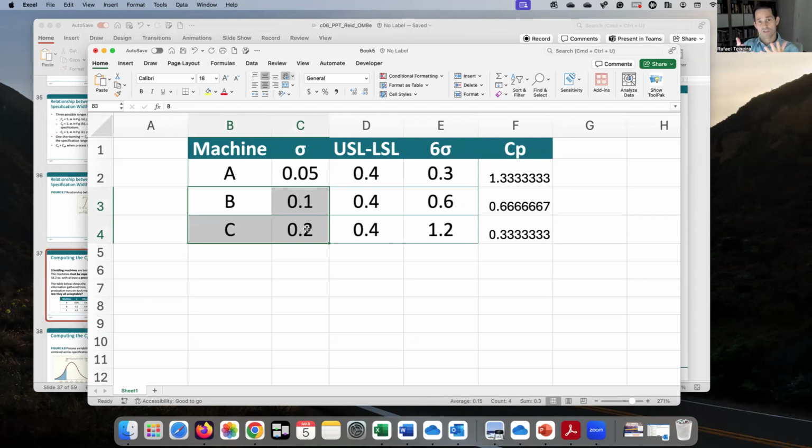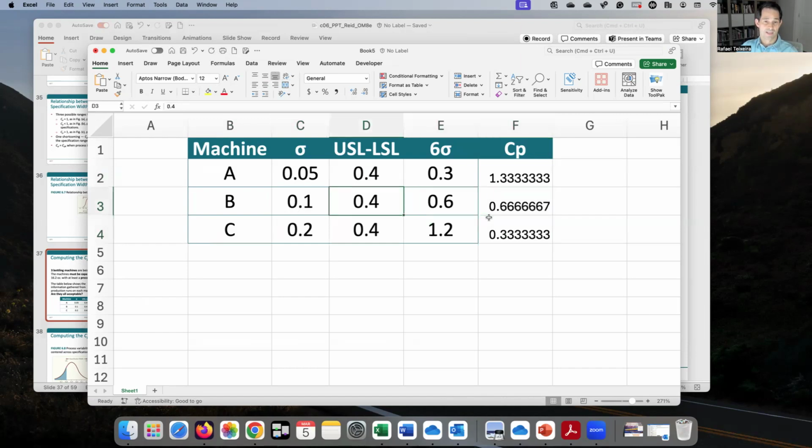They have to stop these machines, look at them, and fix them. I'm not an expert in bottling, but they have to reduce this variability. That's too much variability. Remember, in operations management, we don't like variability. So for machines B and C, we have to bring the standard deviation down so they become capable.